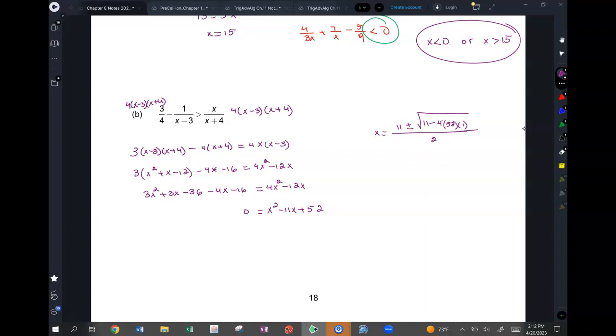Oh, that's supposed to be 121. So we're going to get 121 minus 200 something. That's going to be an imaginary number, right? Because x is imaginary, we say there is no solution. All that for no solution, because the discriminant is negative.